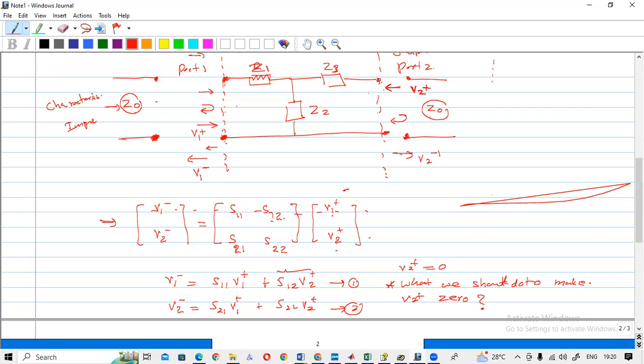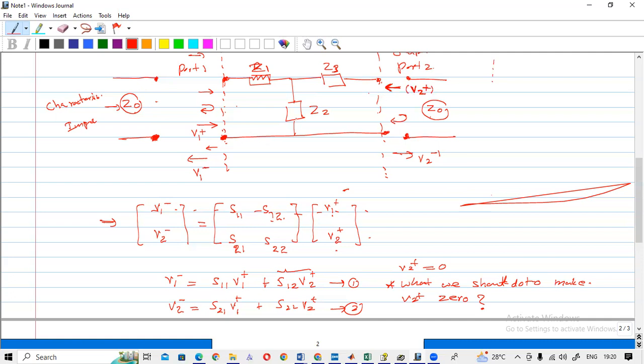So you have to mark the plus voltage, the forward voltage, inside the port. So you should understand that. This V2 plus is inside the port.